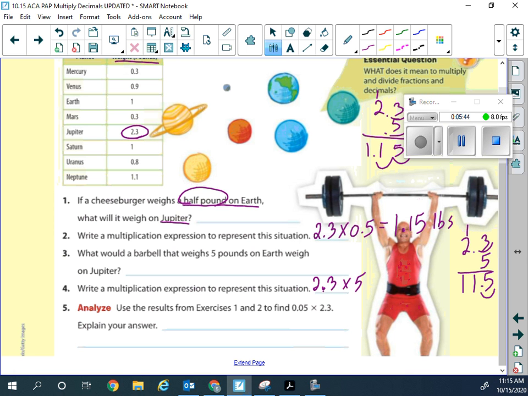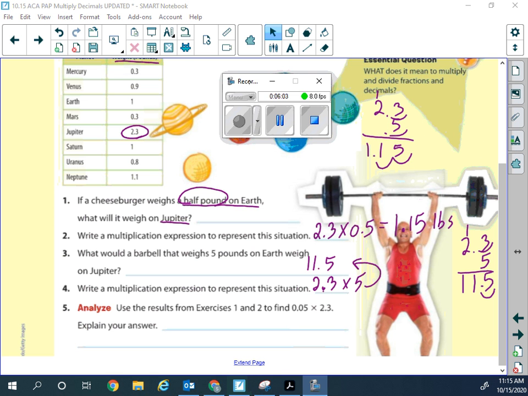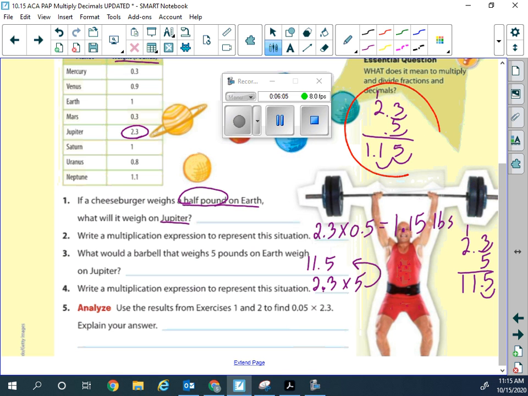1 decimal place, 1 decimal place, and I get 11, oops, that's not where I want that. I'm going to put it up here because I'm running out of space. 11.5, okay? So now, what I want us to look at is these 2 problems, my 2 works that I did here.